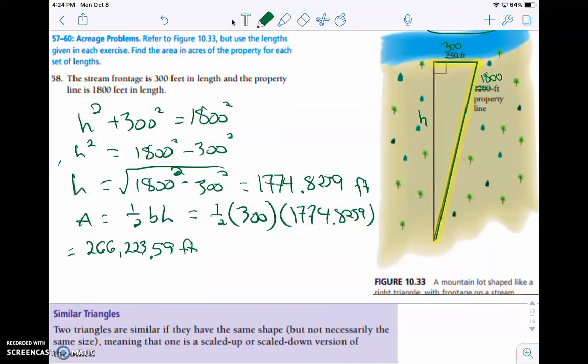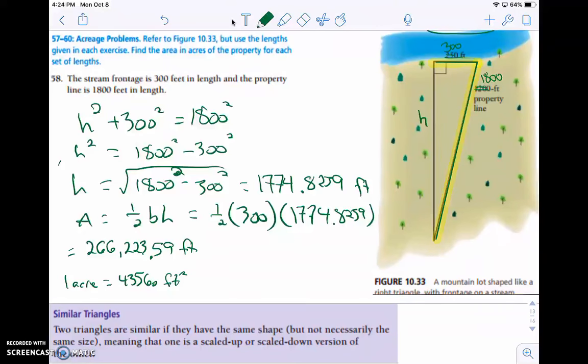So this information will be given to you. You don't have to remember the acreage, but 1 acre is 43,560 square feet.